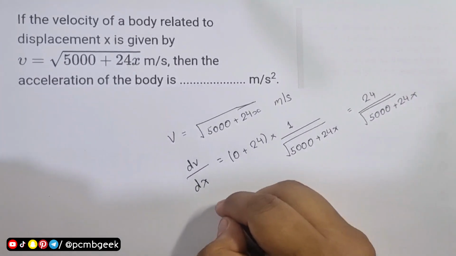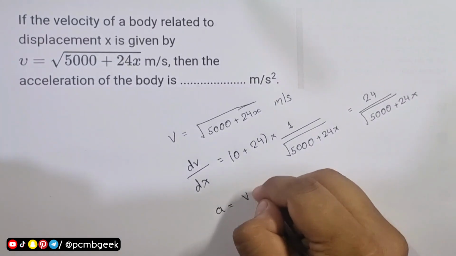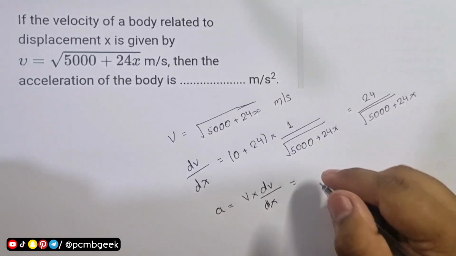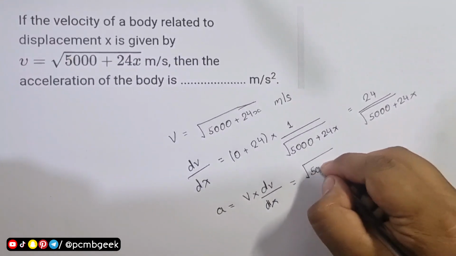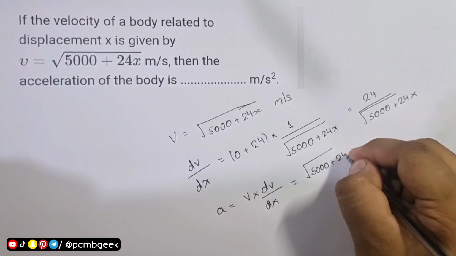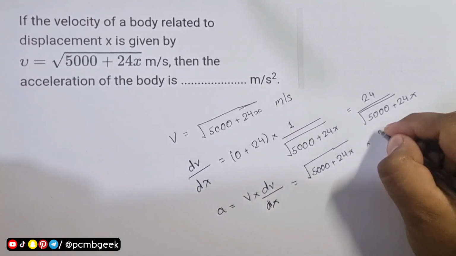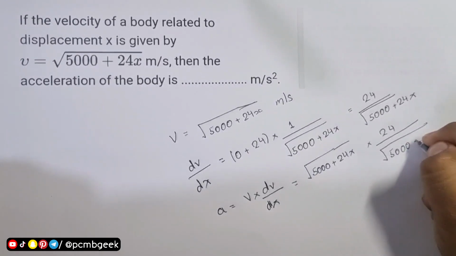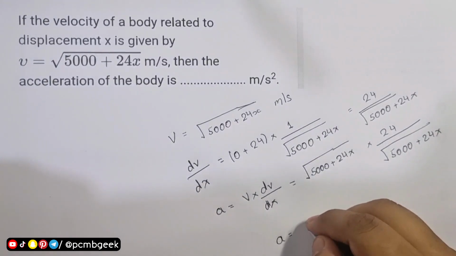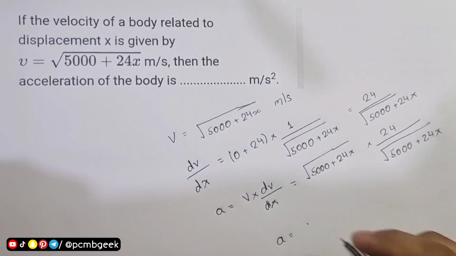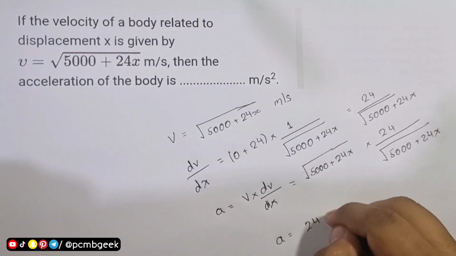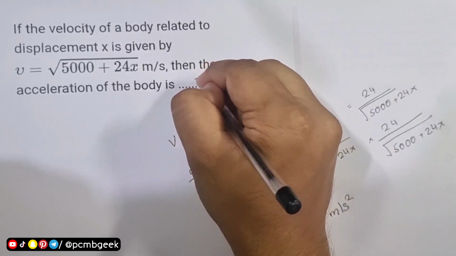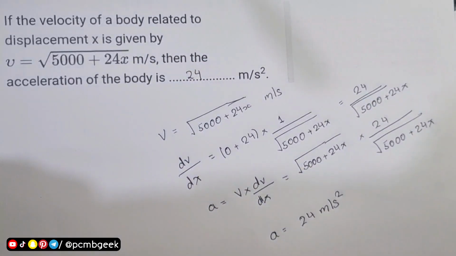Now acceleration of a body is given as v multiplied by derivative of v with respect to x, which equals under root of 5000 plus 24x multiplied by 24 divided by under root of 5000 plus 24x. Now from this we get acceleration of the body as 24 meter per second square.